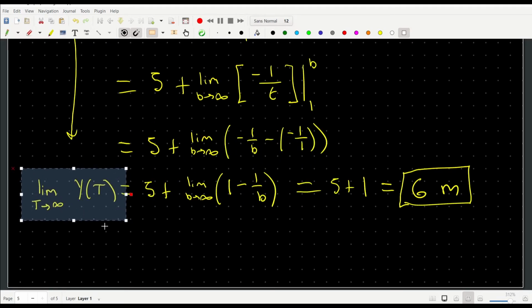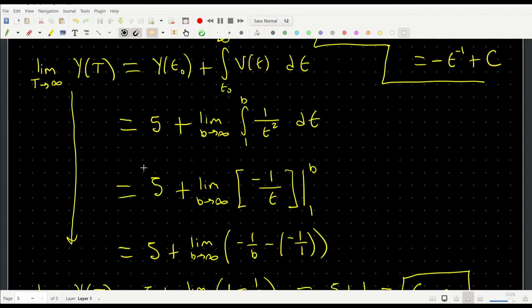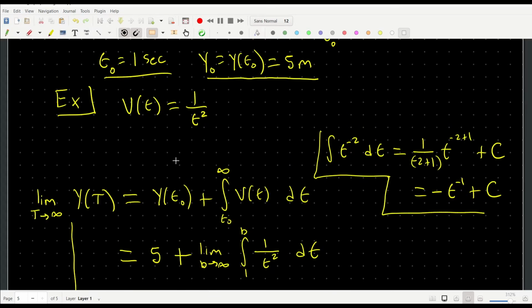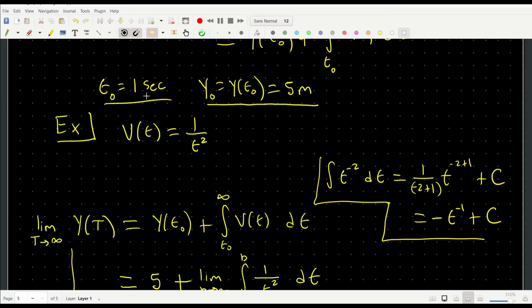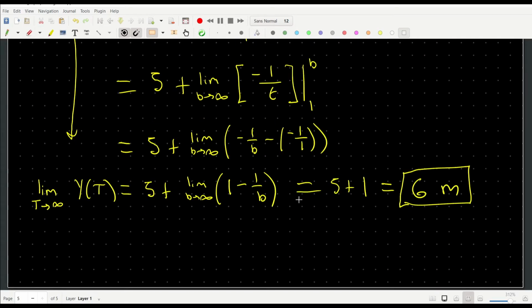We've shown that the long-term behavior of this object is exactly 6 meters. For the velocity function 1 over t squared with an initial time of 1 second and position of 5 meters, we travel to a total position of 6 meters as t goes to infinity.